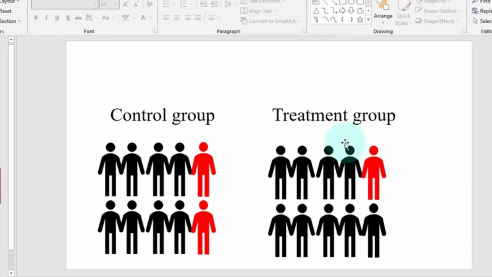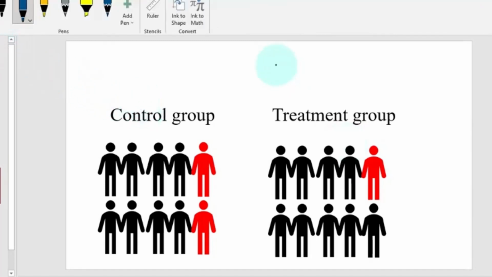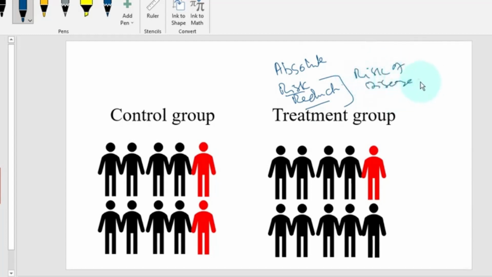So what was the absolute risk reduction? Absolute risk reduction. That means the risk of disease is reduced by taking a drug.